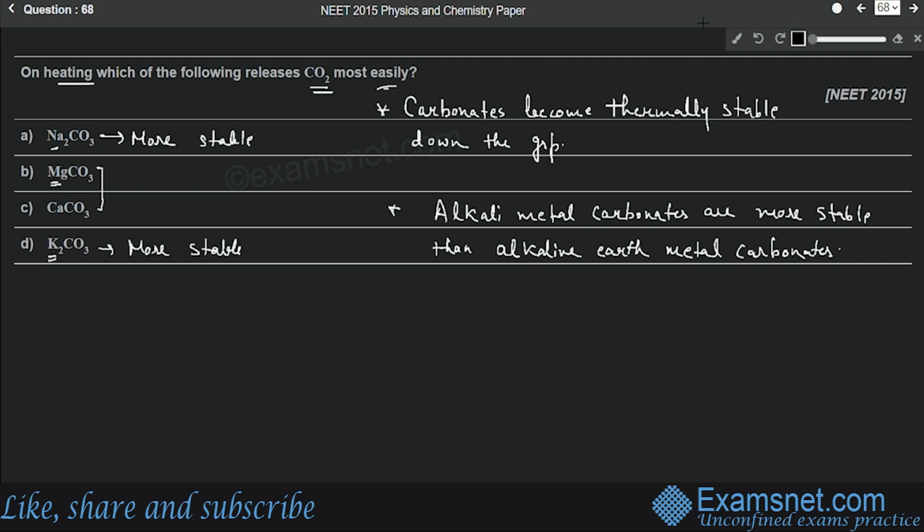On moving down the group, calcium comes later, so calcium carbonate will be more stable than the magnesium carbonate, because on moving down the group it becomes more stable. So option B will be the correct answer. It will release the carbon dioxide most easily because it is least stable out of the given options.